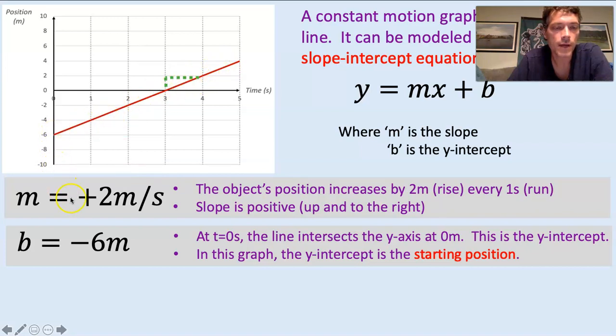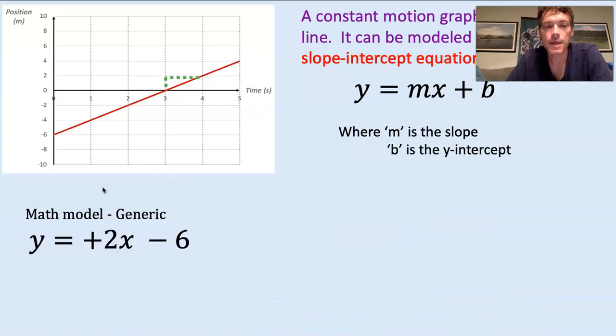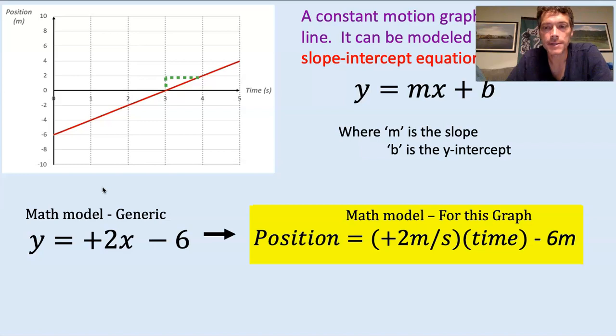So the y-intercept is -6 meters. That means that the starting position of this object, represented by this graph, is -6 meters. Plug that into our generic math model. y equals positive 2x minus 6. And now translate. Instead of y, put position. Instead of x, put time, and add units.